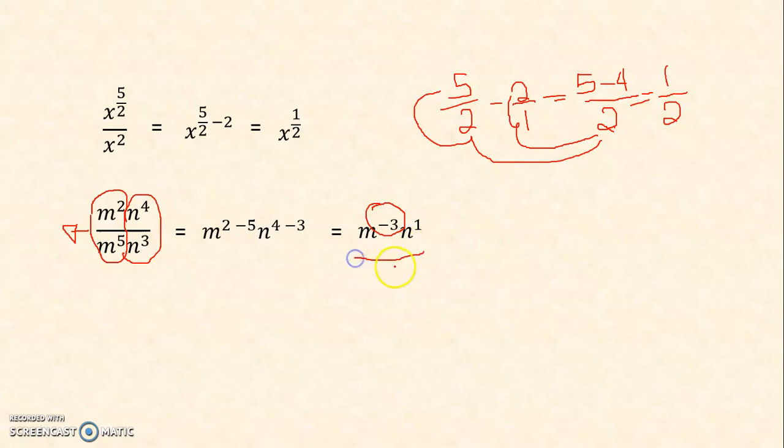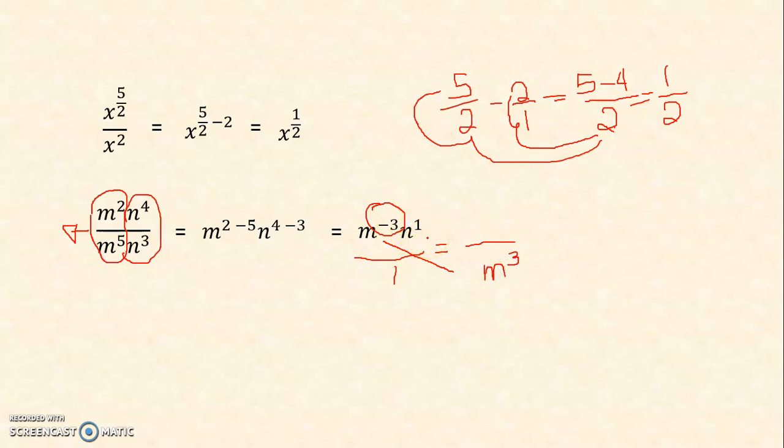So what is the denominator of m raised to negative 3 and n raised to 1? That is 1. We're going to write this bar line. Take a look. What is the exponent of m? That is negative 3. Based on the negative law of exponents, we need to write it down here. So you now have m raised to 3. How about the exponent of n? It is positive 1.